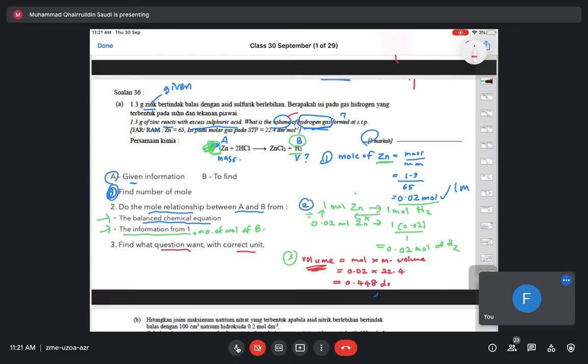Decimeter cube, because at STP we use decimeter cube per mole. Yes, the unit must be correct. If you want to change to centimeter cube, how much?